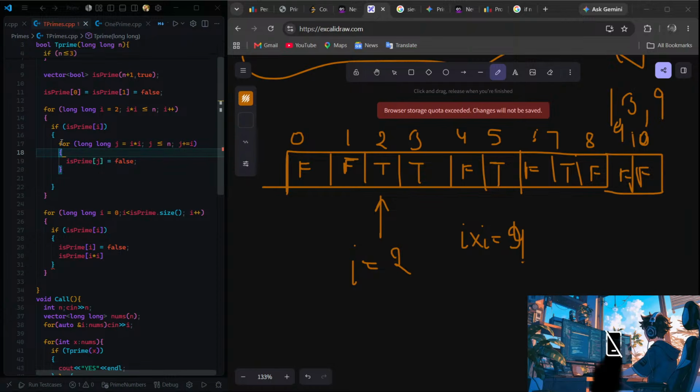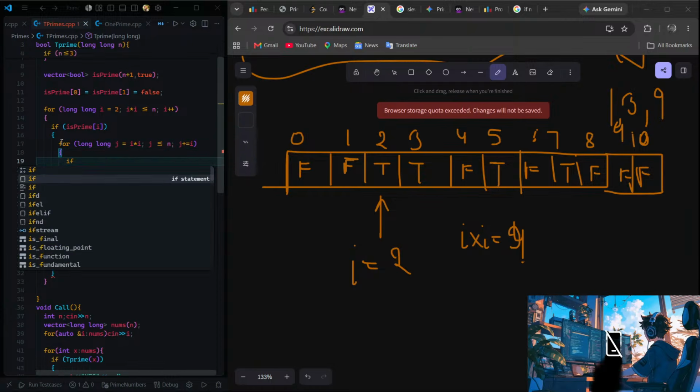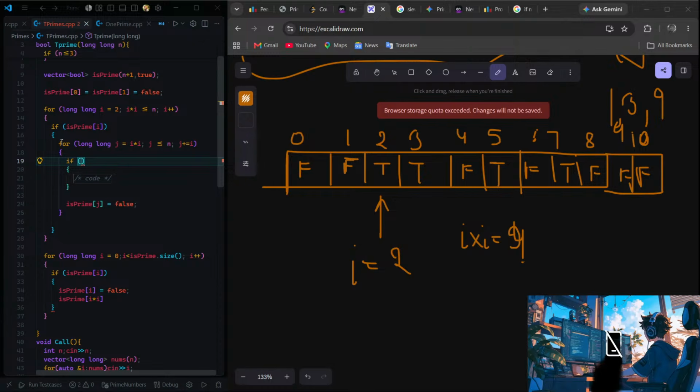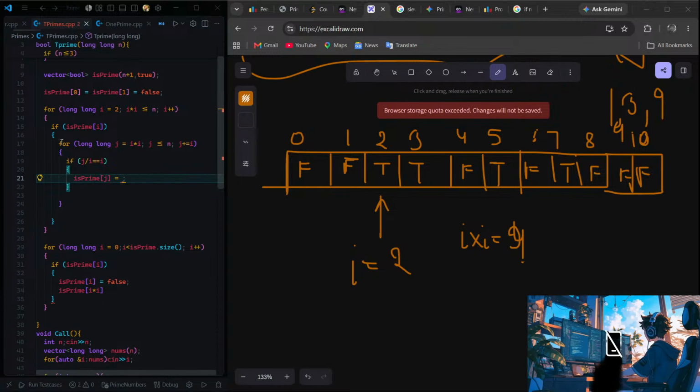Now what I know, if I see that j by i equals i, I will mark this as true, that this is a T-prime.